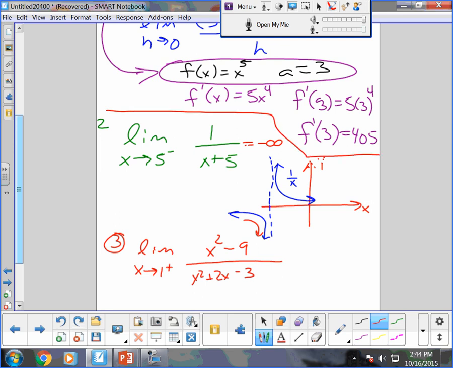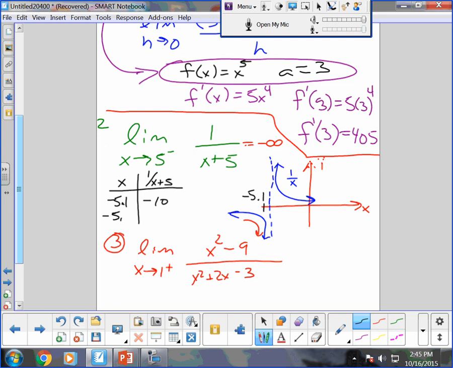The other way to do this problem is you know that you're coming from the left-hand side. What's an x value close to negative 5? How about negative 5.1? You guys agree? And when I take the function 1 over x plus 5 and put in x equals negative 5.1 on my calculator, I get 1 over negative 0.1, so I get negative 10.